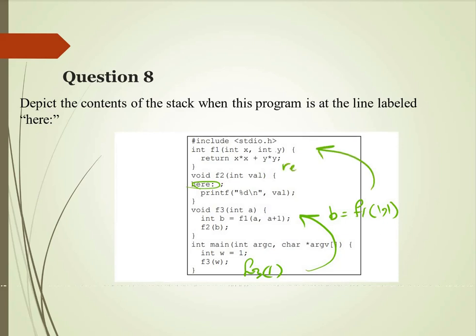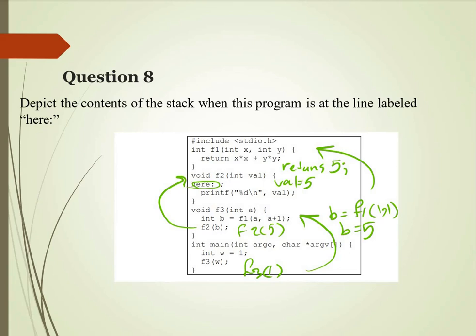It returns, I guess, 5. So here b would be 5, and then we are going to f2 of b, which is f2 5. Then we go here, and the value would be 5, and then print the 5, and we are done. Basically we are at the label here.